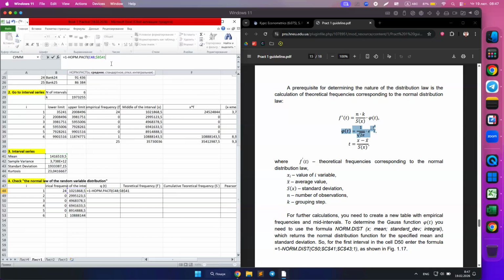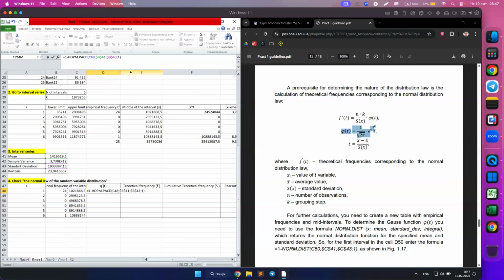After that, we select our next value. It's our standard deviation, you can see this value here. Of course, add dollars. And the final value is 1 because it's part of the function with true and false, and we select true for this function.